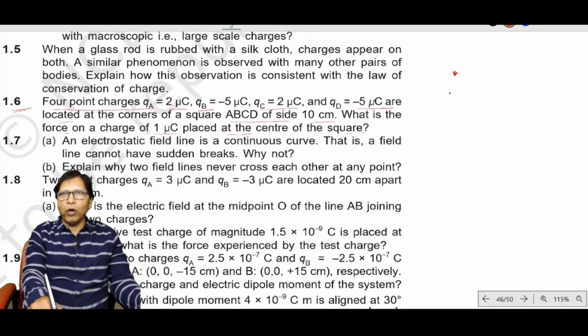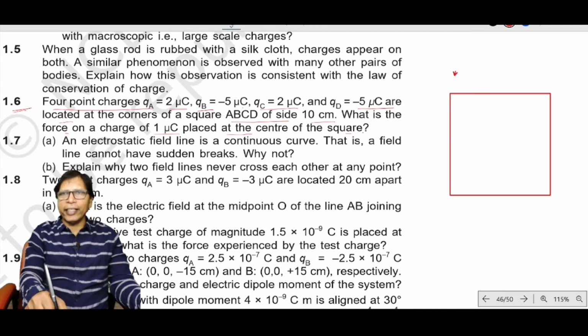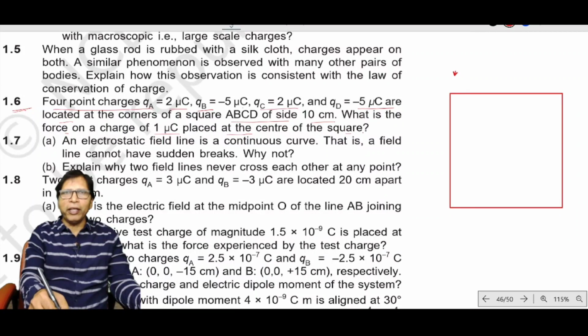Now look at this. This is the square. This is the point A, this is the point B, this is the point C, this is the point D. Now the charge on A is QA, which is 2 microcoulomb.